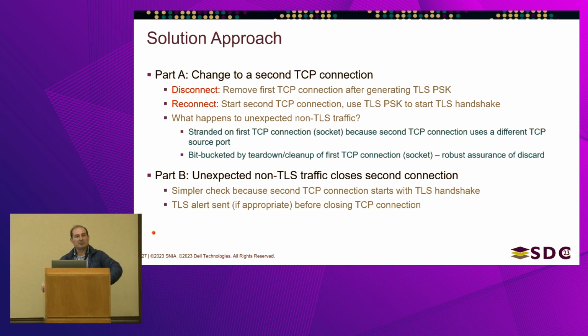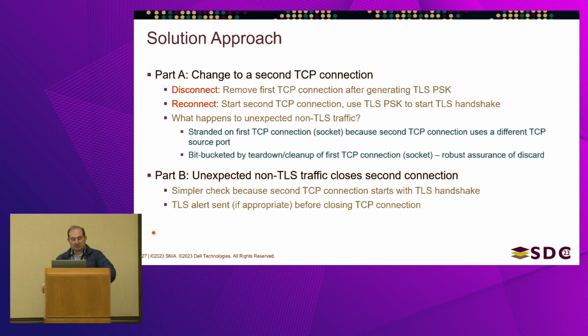And what happens to unexpected non-TLS traffic? If there was some non-TLS traffic on the first TCP connection, it remains stranded over there because the second TCP connection uses a different TCP source port. And so, in the moment in which we clean up the first TCP connection, we have a robust assurance of discard.